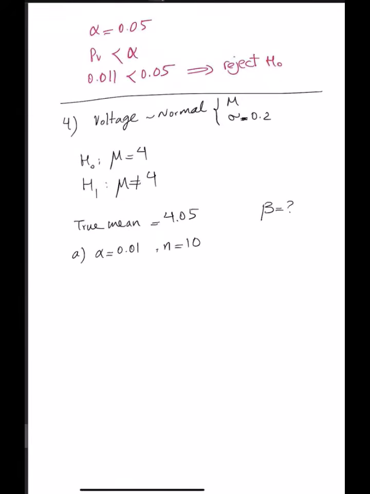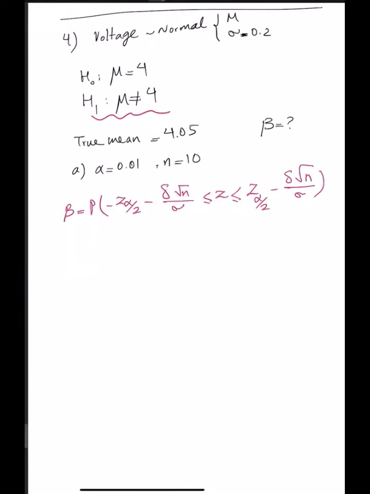So here again, since we are looking at the two-sided hypothesis test, this is the formula for calculating beta, or the probability of type 2 error. And here we need to calculate z of alpha over 2. So obviously alpha equals 0.01, so alpha over 2 is 0.005.